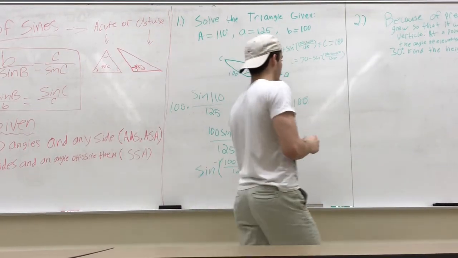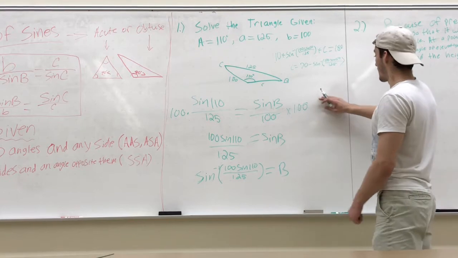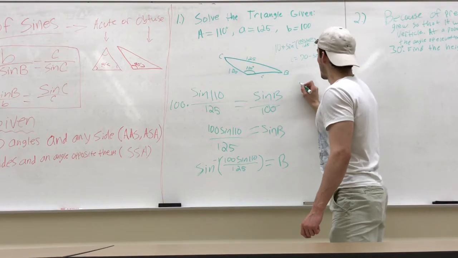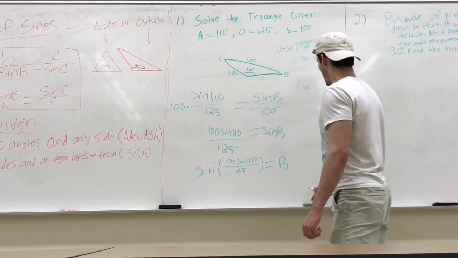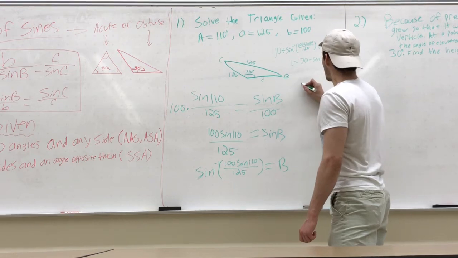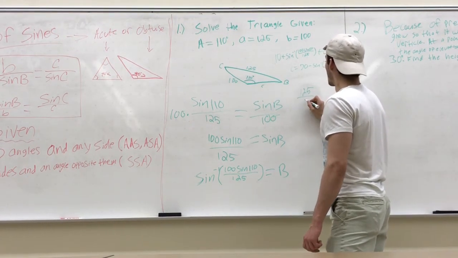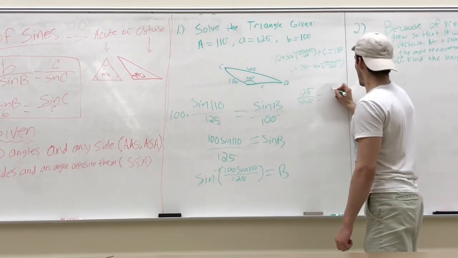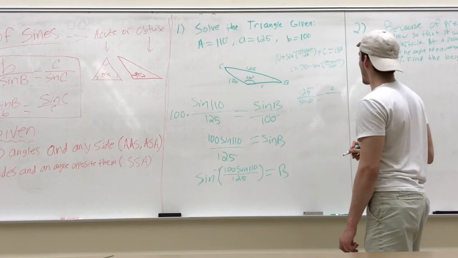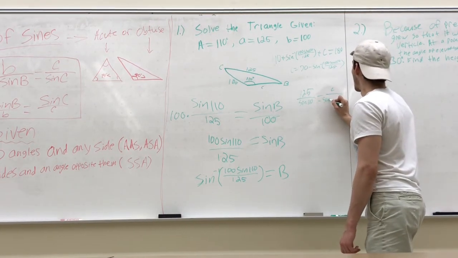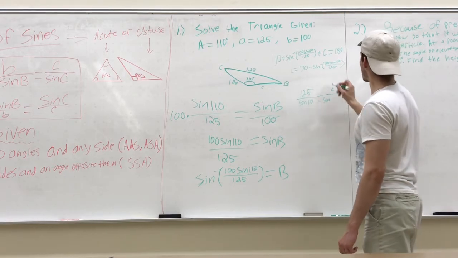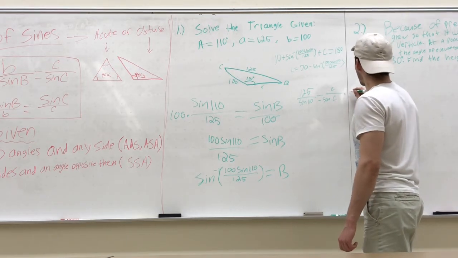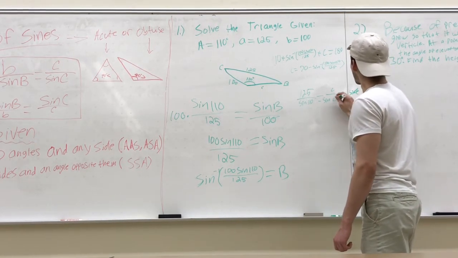To solve that, I'm kind of running out of room, so I'll go over here. You'd have 125 over sine 110 equals side c divided by the sine of, well, C, but that I don't feel like writing out. So you multiply times sine C. These will cancel out.